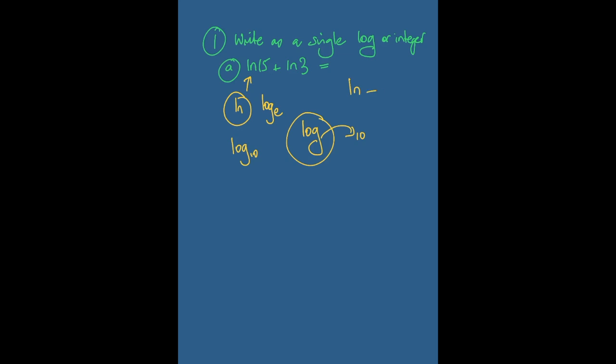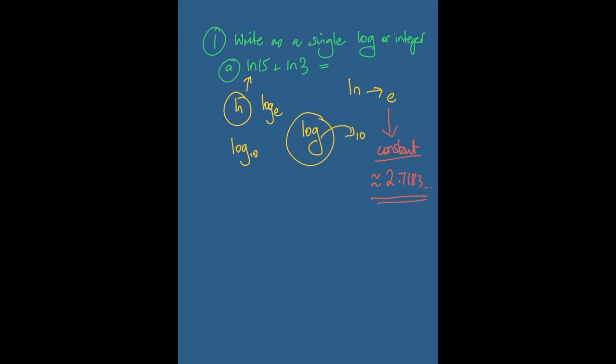This is always base e, and remember that e is simply a constant related to exponential growth, equal to approximately 2.7183, etc. It's actually an irrational number, so it continues on.